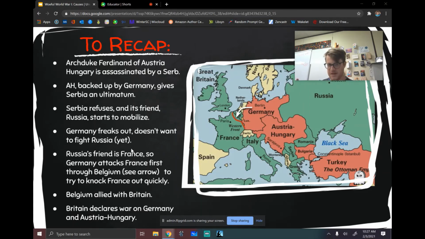Russia, though, is friends with Serbia, and that means Germany and Austria-Hungary are like, oh crap, we're going to have to go to war with them now too. Germany, looking at the situation, knowing that Russia has also signed a treaty with France, is now in a very difficult predicament, and is potentially going to be fighting a two-front war, and inevitably probably will.